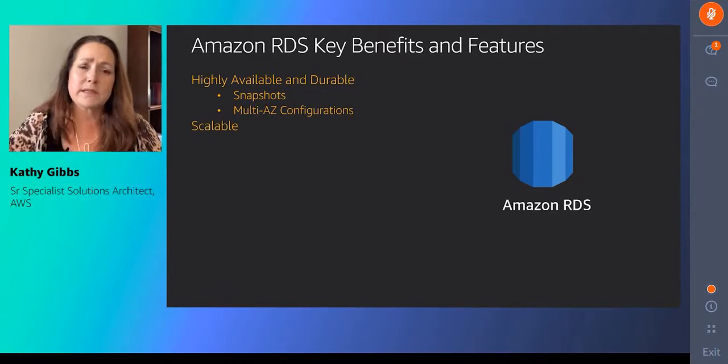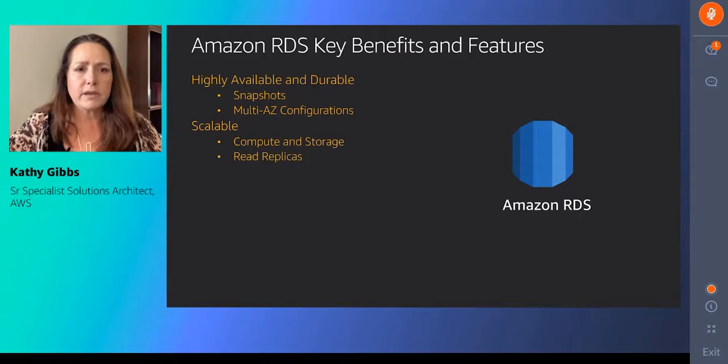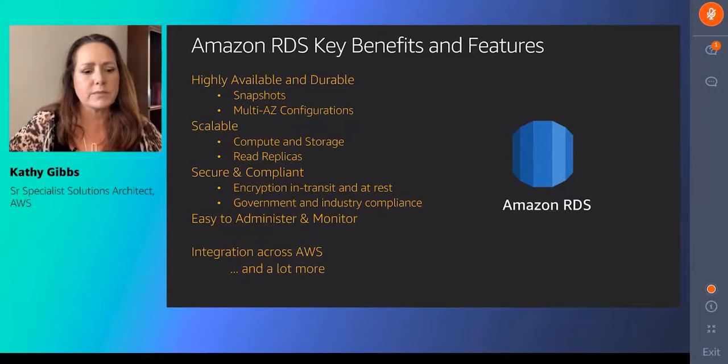It's very scalable. That's one of the reasons you like to go to the cloud, so that I can scale my compute and my storage. You also have the ability to have read replicas to scale out. For secure and compliant, we have encryption in transit and at rest at AWS for RDS, as well as compliance that we can follow, and we'll talk a little bit more in detail. So let's go ahead and do that now.